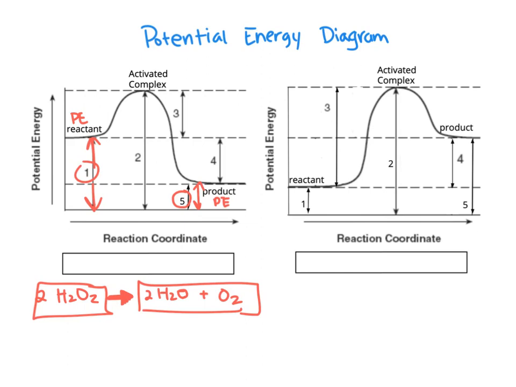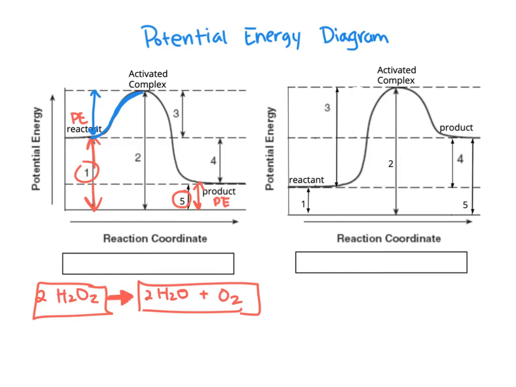So that extra amount of energy added to the potential energy of the reactant is represented from here to here, all the way to the top of the hill. Anything that was added here is considered to be the activation energy.